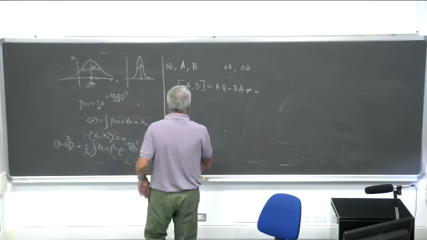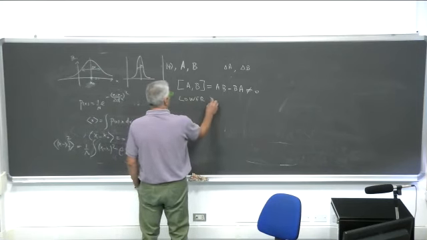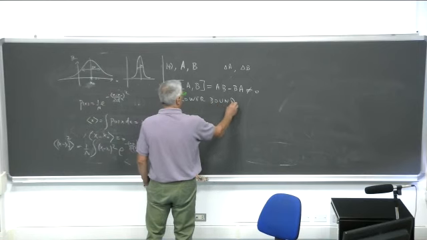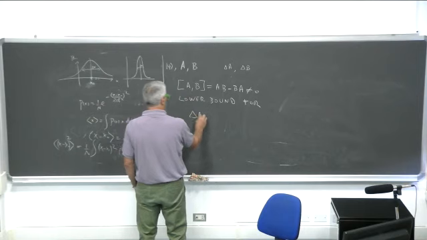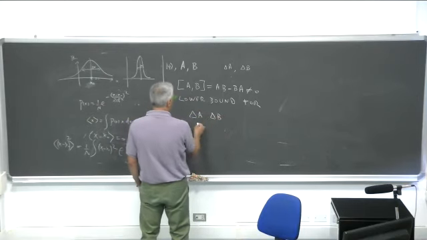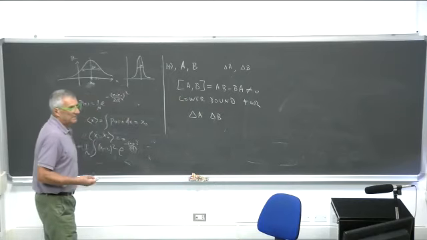There is a lower bound for the product delta A times delta B. But remember, these are two numbers. The variances are numbers.